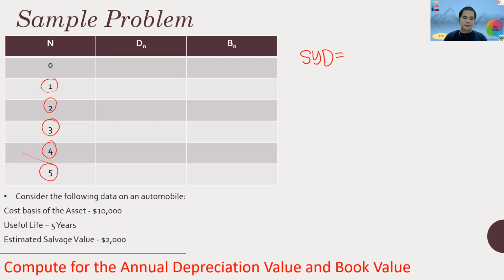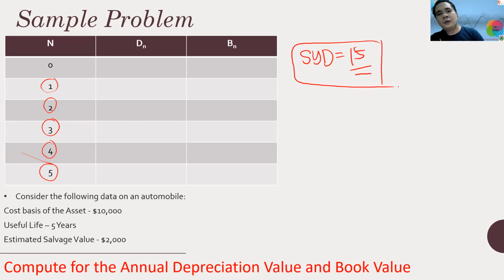Therefore, that is 15. Okay? So that would mean that the sum of the years digit is 15. If we are to compute the depreciation on the first year, we will start off with the largest value, which is 5, divided by 15, the sum of the years digits.